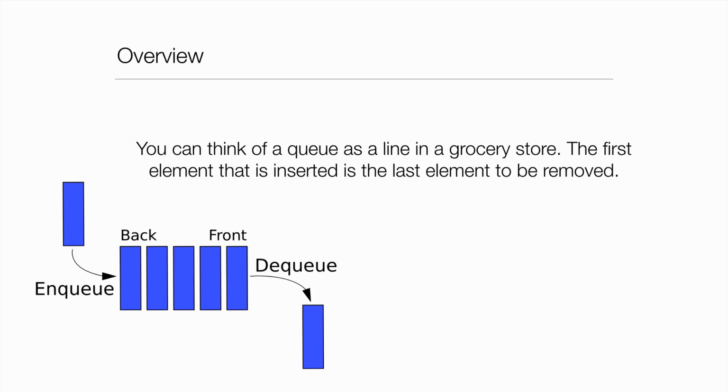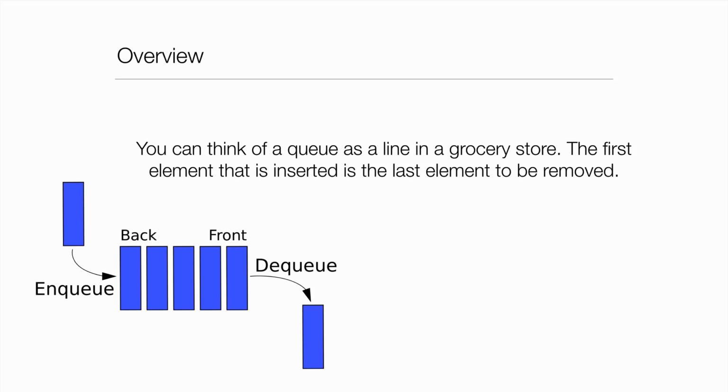You know how in a line at the grocery store, once you are in, you have to go through the entire line until you're actually removed from the line. And so with a stack, which is sort of the opposite of a queue, when you're inserted, you're also the first one to go out of the stack.